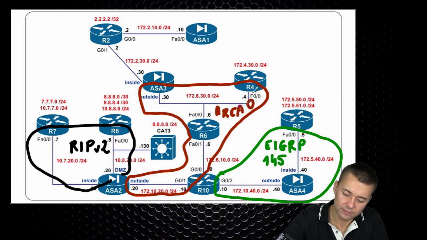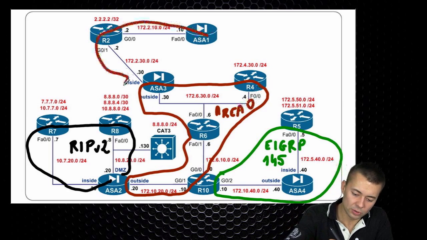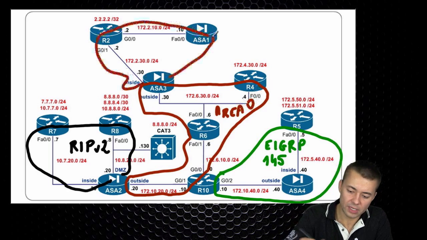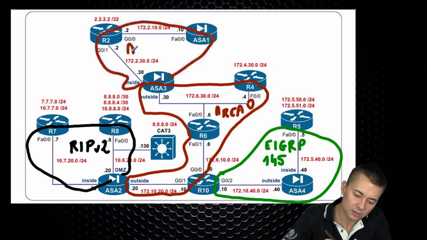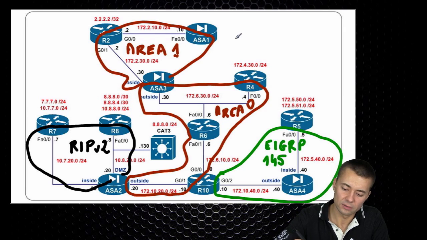I also enabled OSPF between ASA 1, router 2, and the inside of ASA 3, and this is going to be our area 1. So the OSPF is going to be in red.